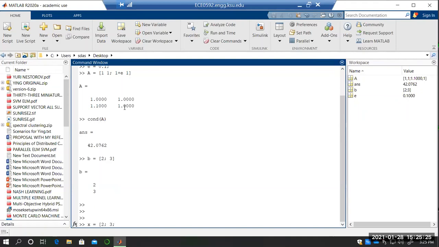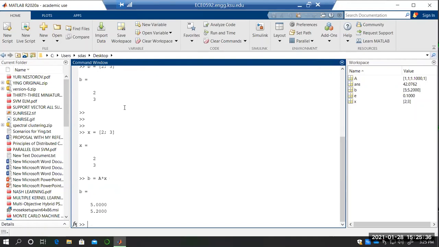I'm trying to fix x first, and then b equals A star x. So this is my matrix A, and this is my vector B. And I want to find x. But we already know that the value of x is [2, 3].